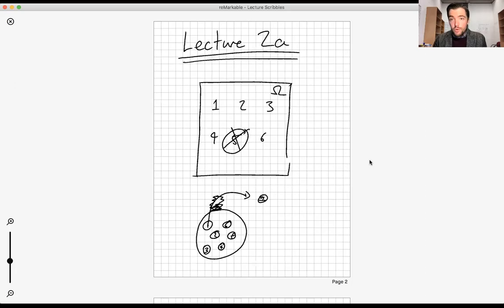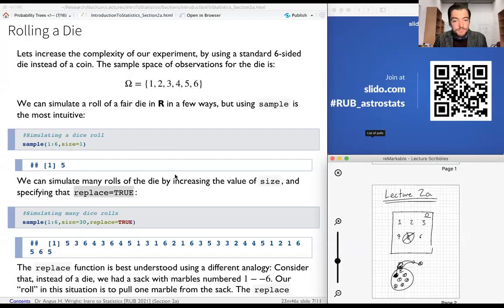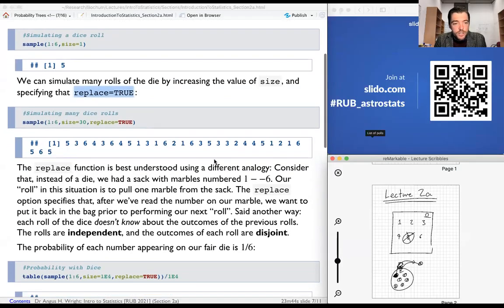It has been removed from the sample space. Therefore any subsequent draw from the sample space ought not to include the number 1, unless we replace the number 1 back into the bag before doing the next draw. And so that's essentially what the replace option is doing. That's what I've got here.